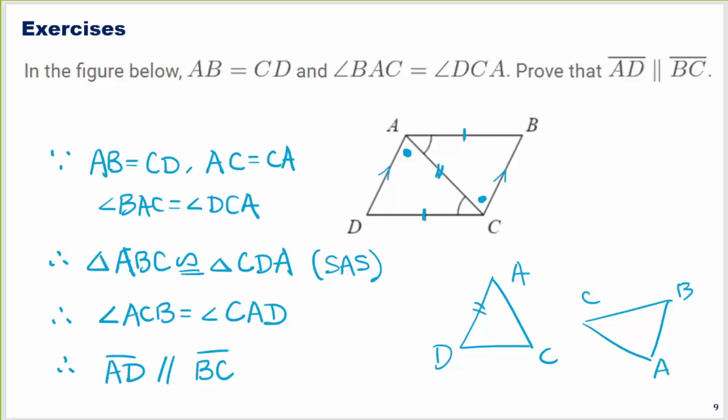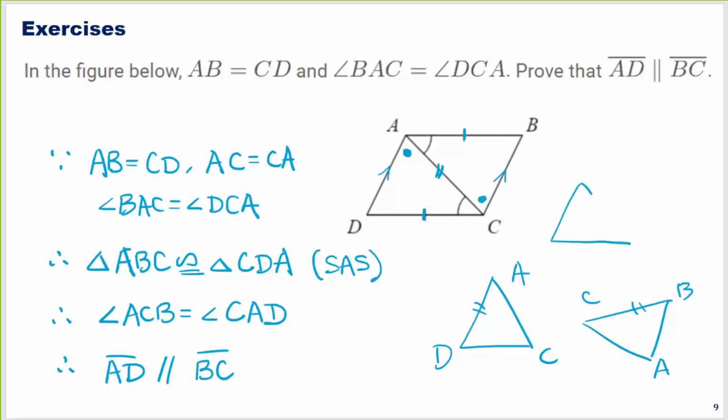Then this is BC here. They are exactly the same, right? So can you see these two lines are parallel with each other? Not necessarily, right? You can say they are equal, but they are not necessarily parallel.